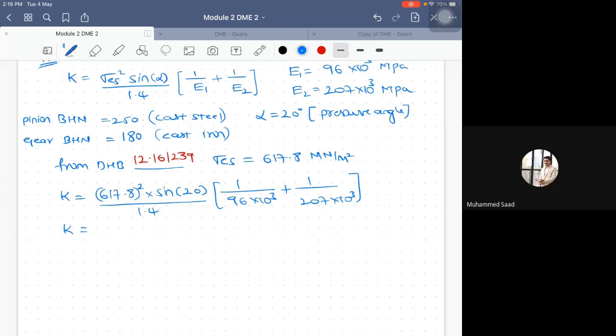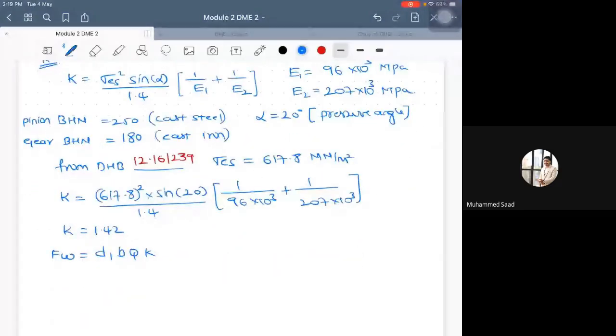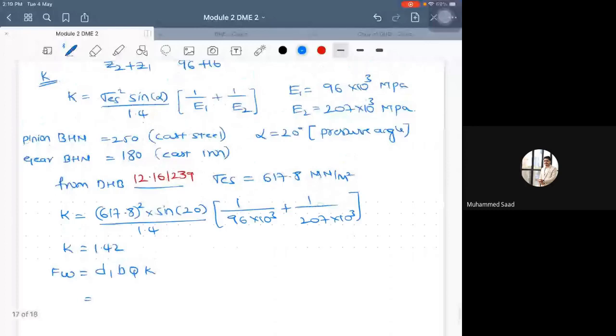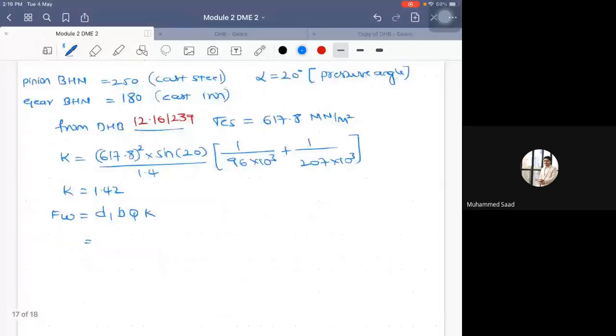Very good. So once I have got the value of K, I have to calculate the value of FW. FW is nothing but D1, B, K, and K. Substitute it. D1, I have 128. Just substitute and give me the value directly.